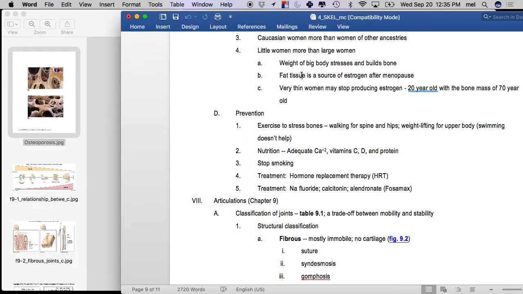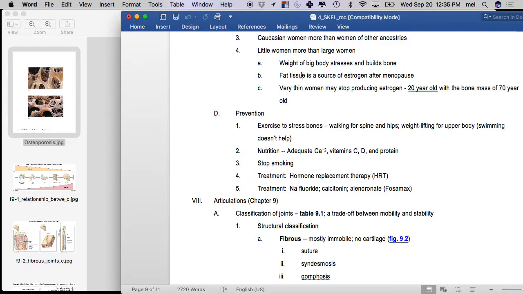Now you've probably run into this when you talk about gymnasts, right? Or people with anorexia, right? Have you ever heard that sometimes they'll completely stop menstruating, right? And this is the reason, right? You're basically forcing yourself into an artificial early menopause by being exceptionally thin.